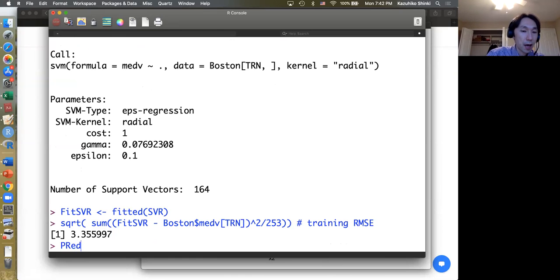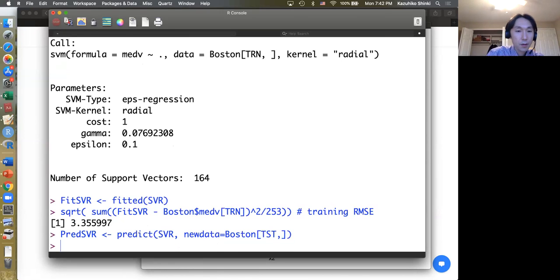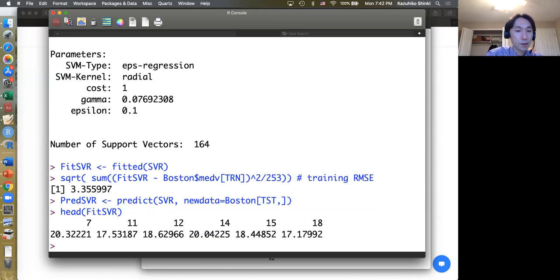And then how about the test error? So we have to use the prediction of the SVR and new data, the Boston test set. So maybe just see how these values are different. This is the training set, and this should be entirely different because we have an entirely different data set.